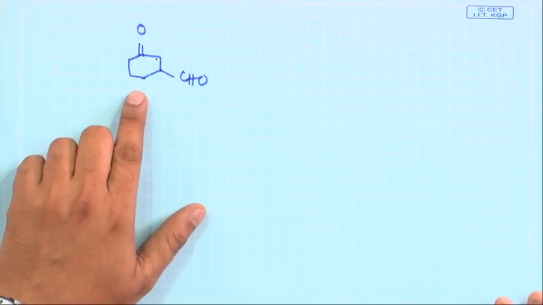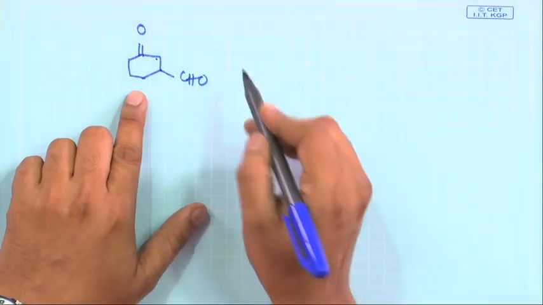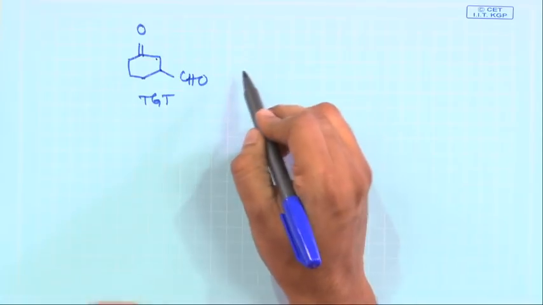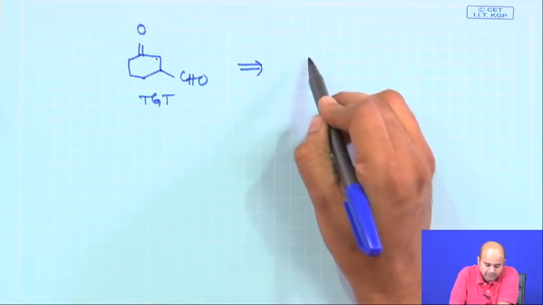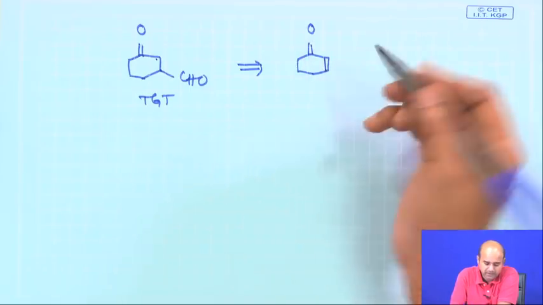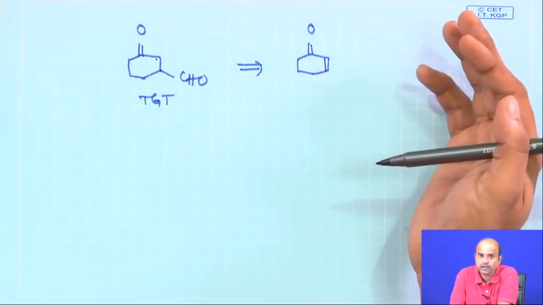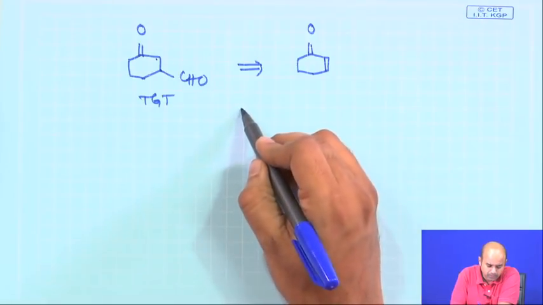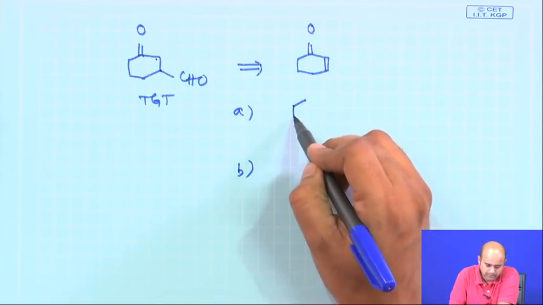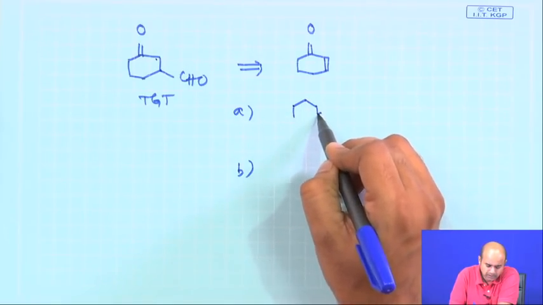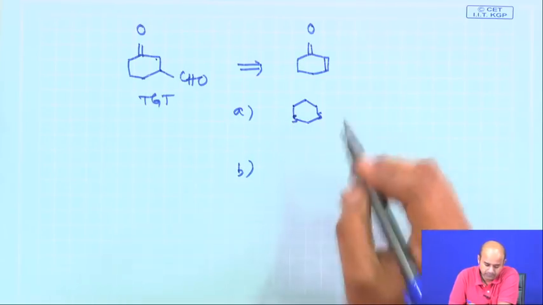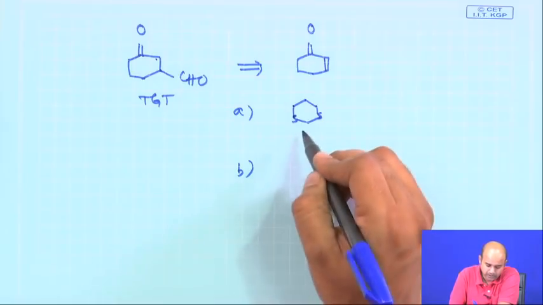This is a similar problem. If I give you this target molecule, but the starting material I have not provided, and let us say I am giving you this, then what will be your approach? Same line, same way down the line you can think. You can basically take two different routes. You can take the original dithiane route, which is basically this route. So, what you need to do?